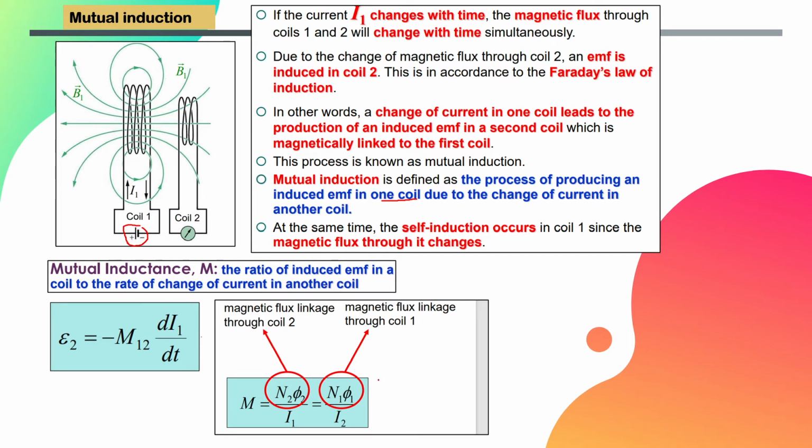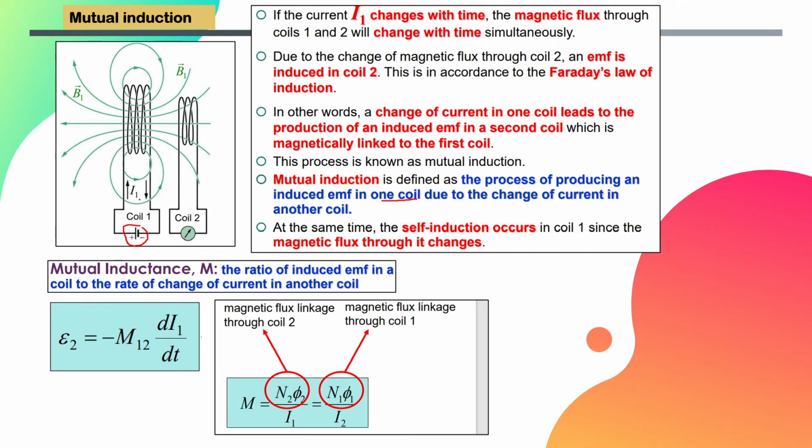So this is the equation. Mutual inductance is also equal to the number of turns in coil 2 times the magnetic flux in coil 2 over I1. This I1 refers to this case, in which coil has the current?